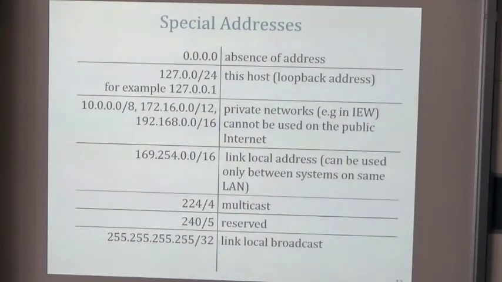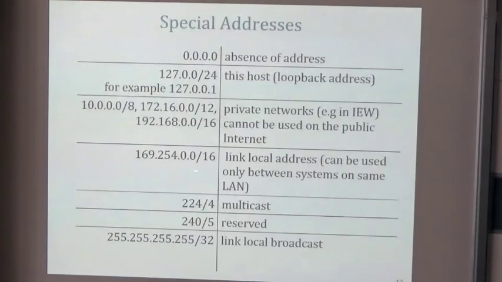TCP and UDP provide you a way for two processes to communicate, in principle over a network, but you can do it also over the same machine. And the interest is that if you think that your processes might be distributed on different machines, then you can do it from the start using those loopback addresses. When you will distribute them, you don't have to change your programming functions, but only addresses.